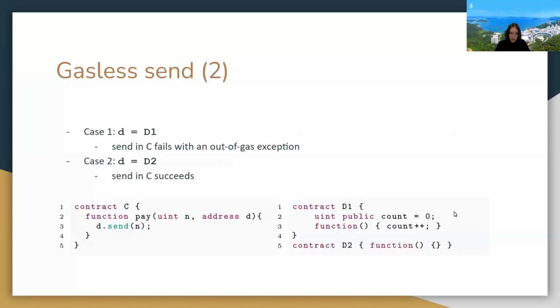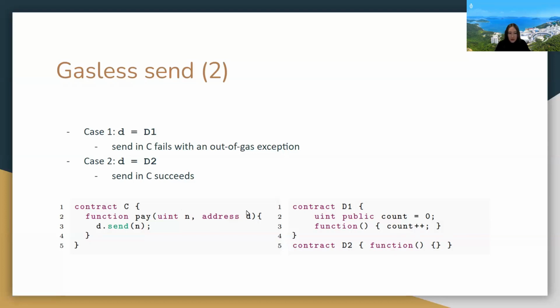Let's see an example here. Let's say we have a contract C, and C has a function pay, and we send to the recipient D amount N. And let's say we have two different contracts, D1 and D2. In D1, we have the variable count, which is initially 0, and the fallback function increments the value of count. We have another contract, D2, which has an empty fallback function. Let's consider case 1.